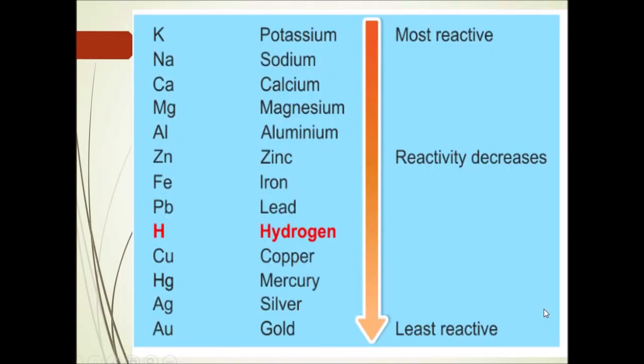So next you can see in this slide, let me quickly summarize this. Highly reactive metals, potassium, sodium, calcium, magnesium and aluminium, are reduced by electrolysis or by adding a reducing agent of a highly reactive metal.